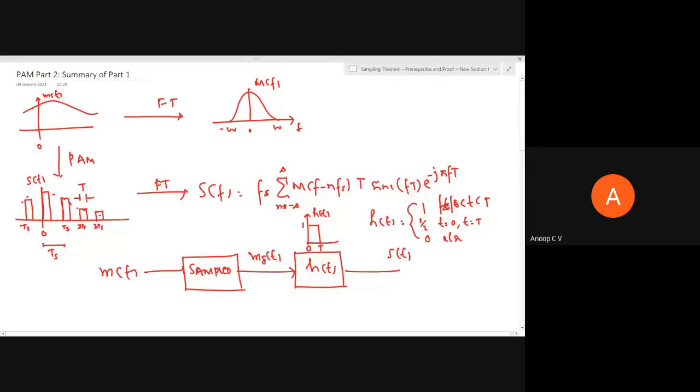Many students were asking me what actually is this impulse response of an LTI system? What does that mean? Why are we taking the impulse response? Why are we taking its Fourier transform? So the impulse response of an LTI system simply means, if you take a system and give an impulse as its input, its output will be this.